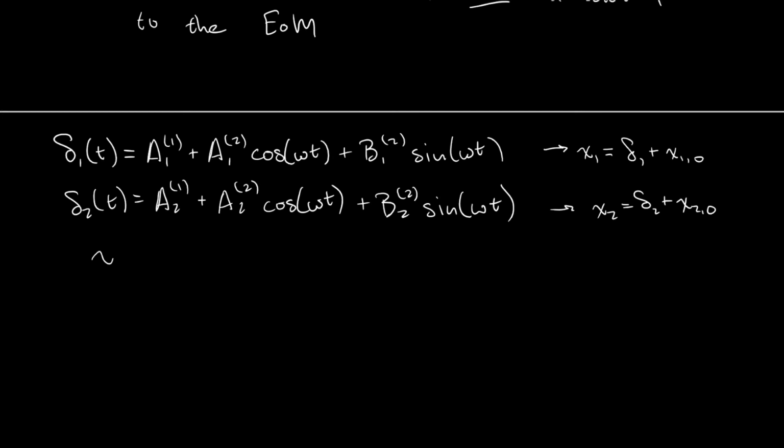If we remember, x1,0 is just some initial offset, y0, plus vt. x2,0 is that same offset plus the equilibrium length of our system, plus vt.